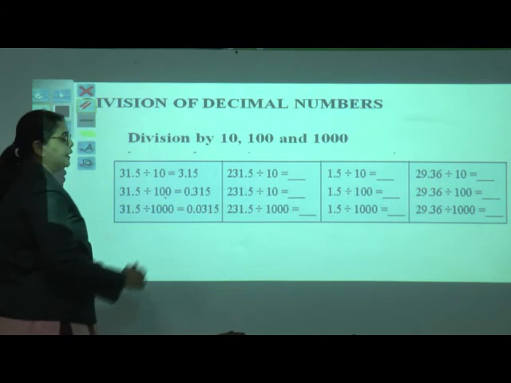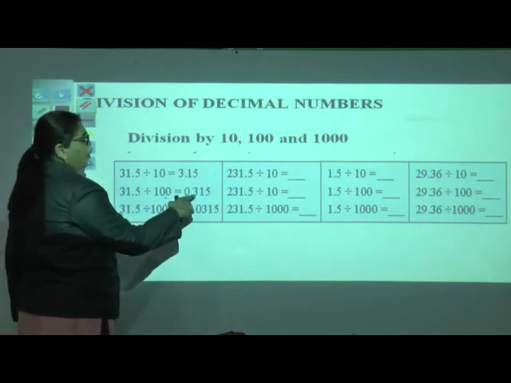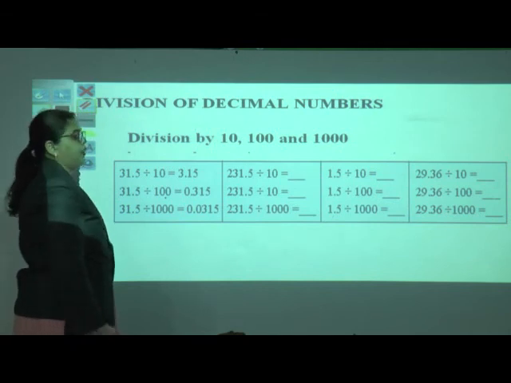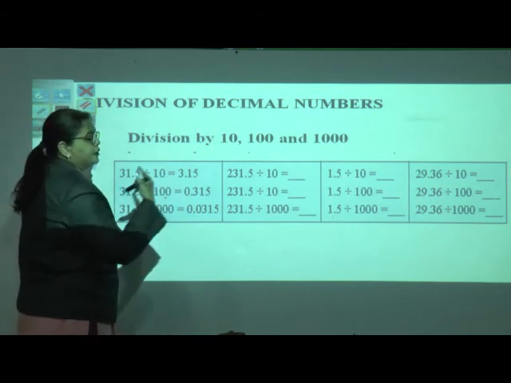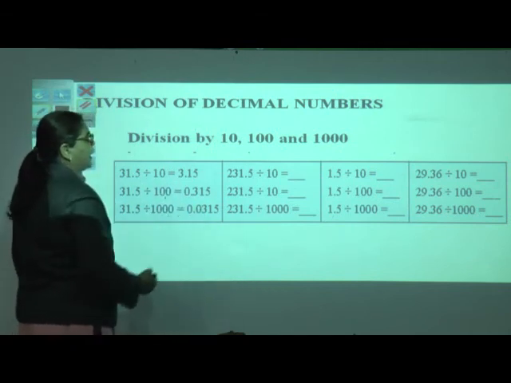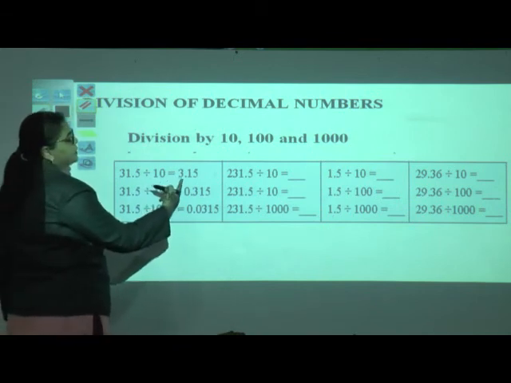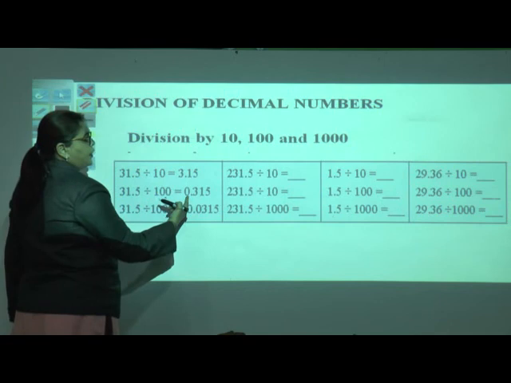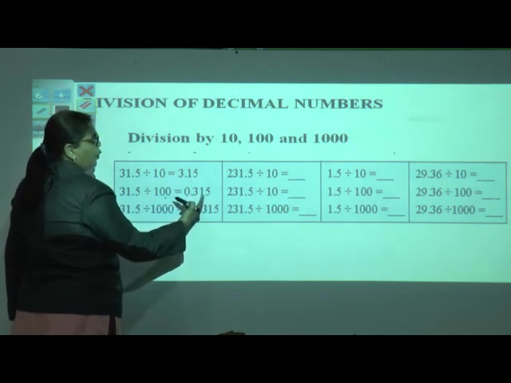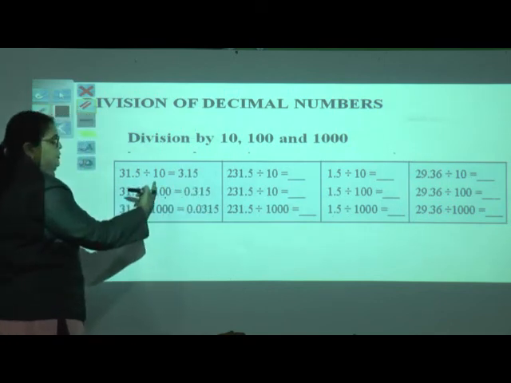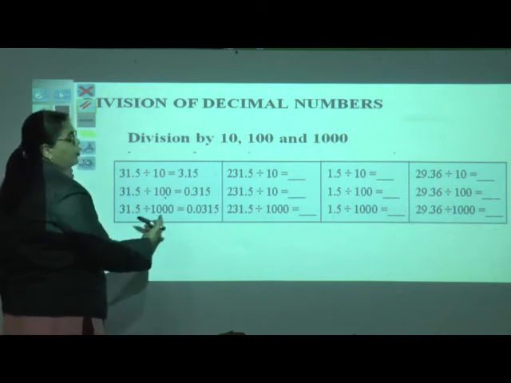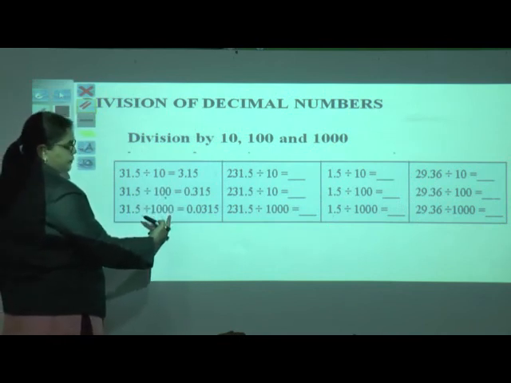How do you have to read it? It is 0.315. You can't say it is 315, because it is after the decimal. So you have to take care when you are reading this. Then similarly, we will increase one zero and go for division with 1000.